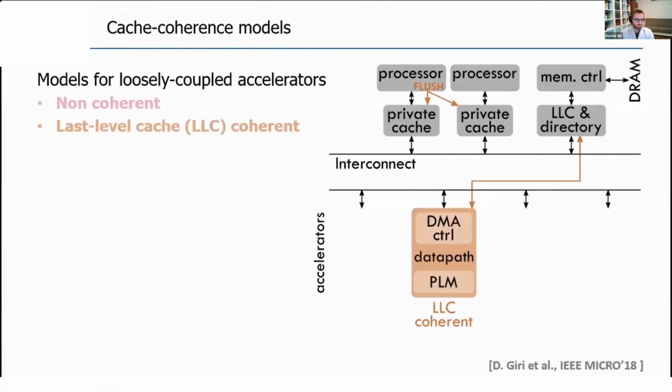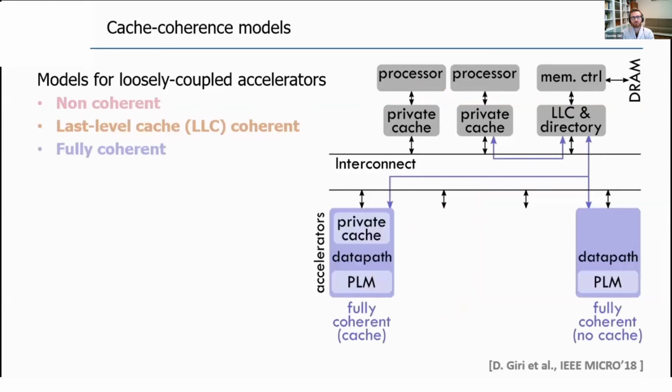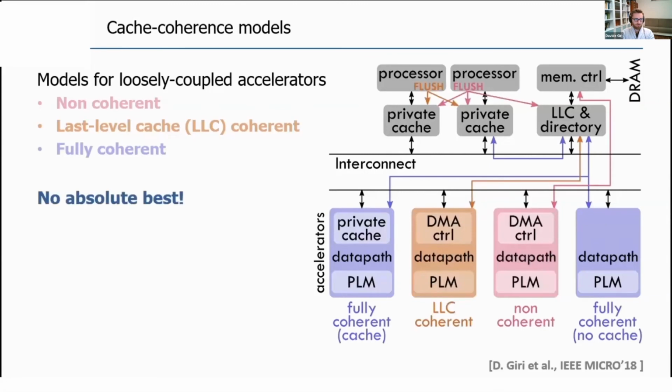The last level cache coherence model, which we introduced, has the accelerators send their memory requests directly to the last level cache without keeping coherent with the private caches. Lastly, the more processor-like model is the fully coherent model, where all the accelerator transactions are kept coherent. The accelerator can either have a private cache or can send requests directly to the last level cache, and these requests are kept coherent with recalls.